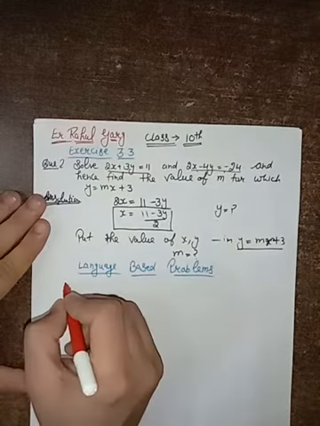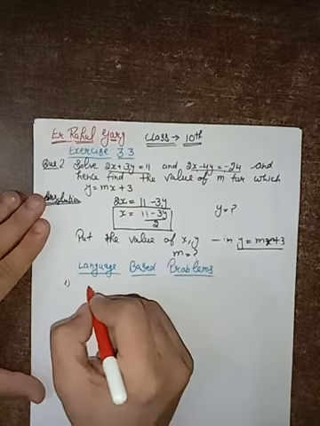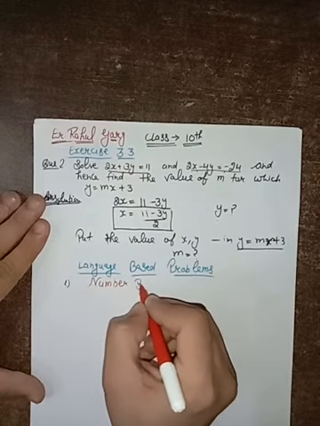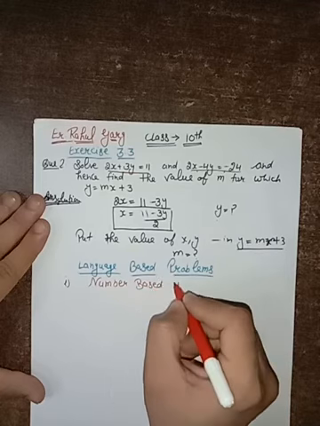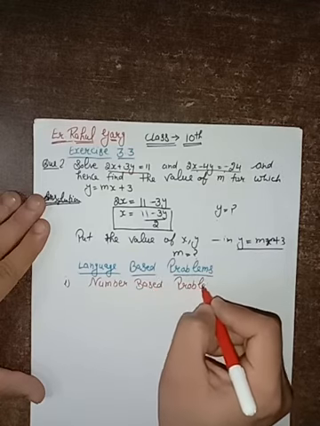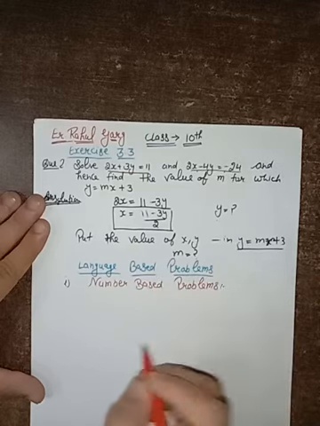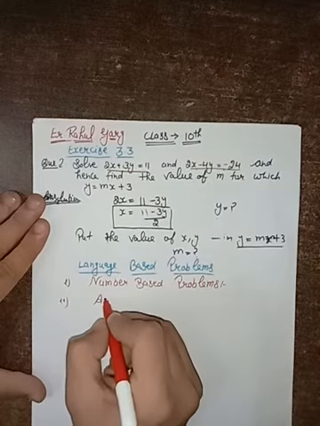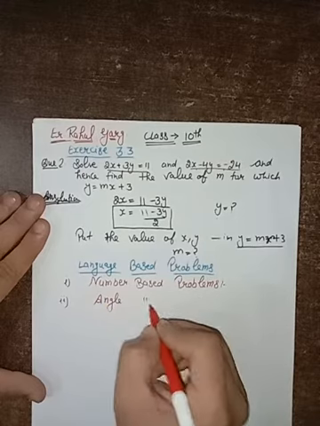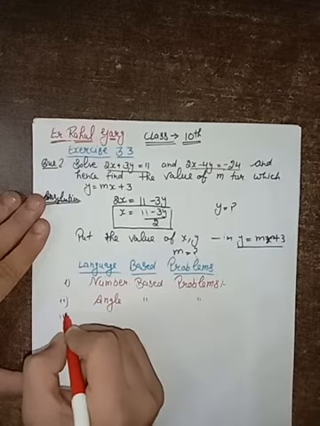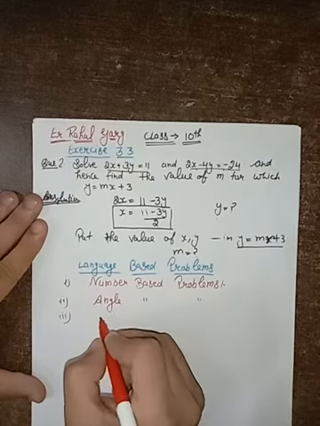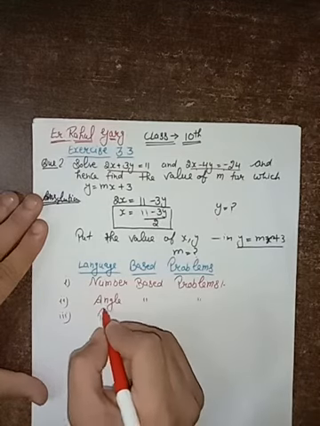So firstly we have number-based problems. And then second, angle-based problems. Third we have price-based, or we can say money-based problems.